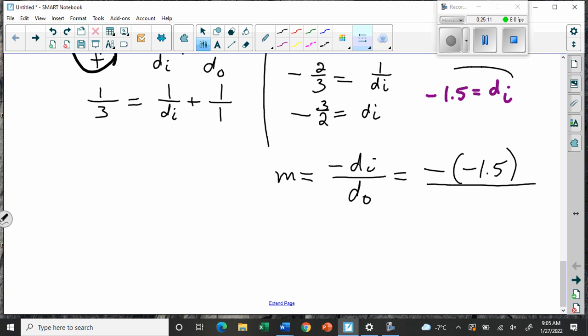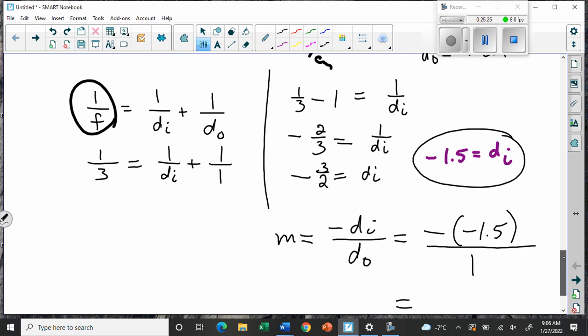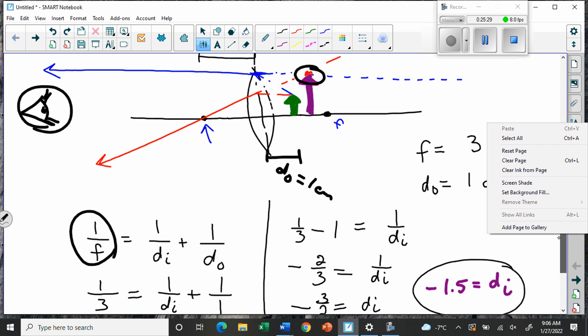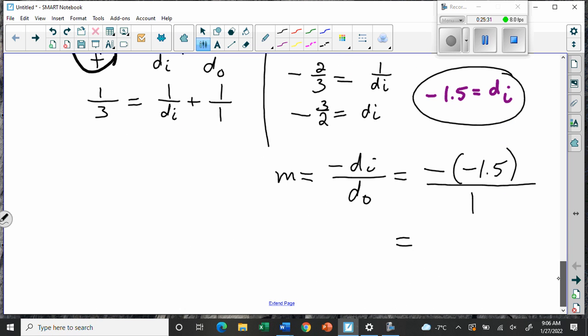Because my di is negative, and then my do was, I think, 1. So this comes out to 1.5 over 1, right? Did I put those numbers in the right spot? Let me just check. I think so. 1.5 over 1.